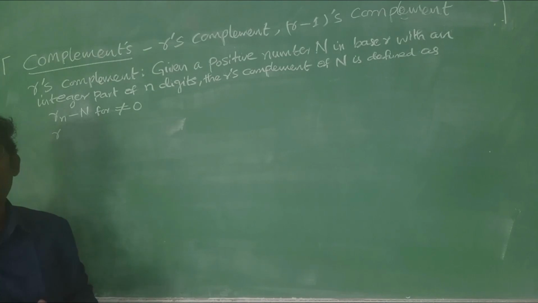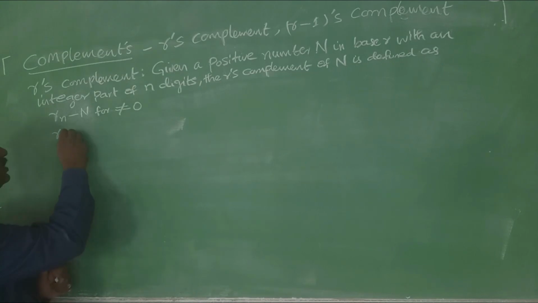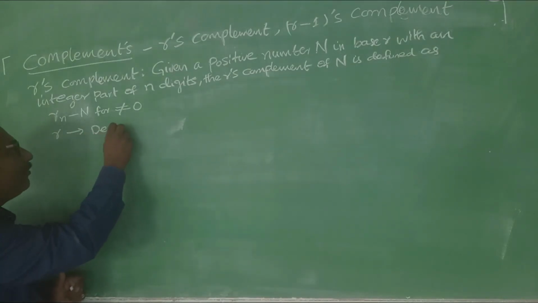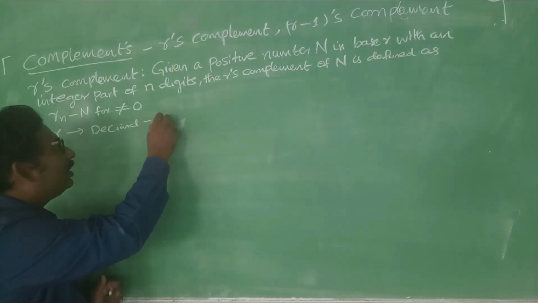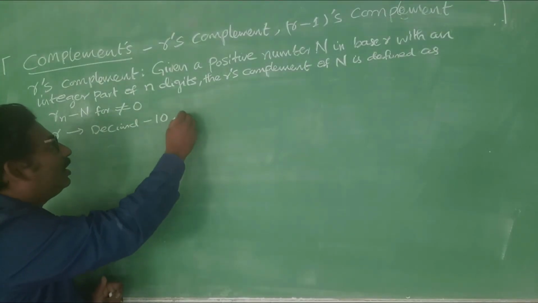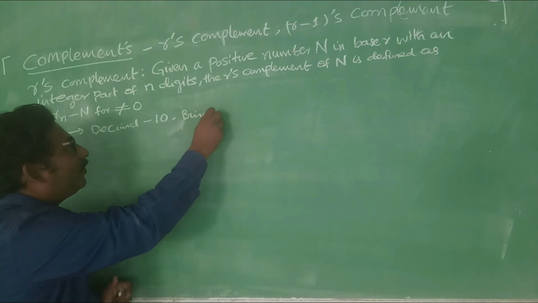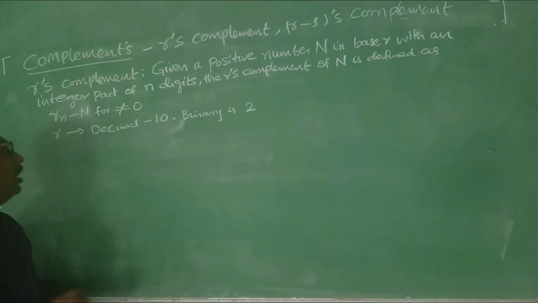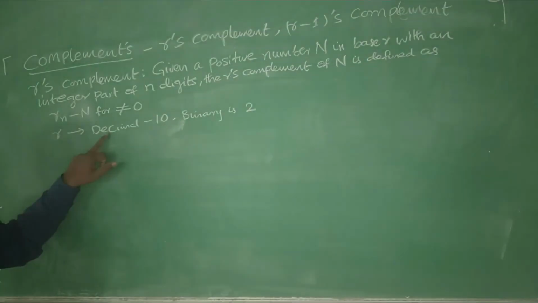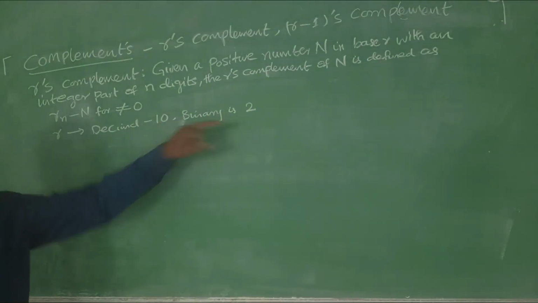In the previous session we learned the number systems: decimal, binary, octal, hexadecimal. Every number system has its own base. The R value for the decimal number system is 10, and for binary the R value is 2.